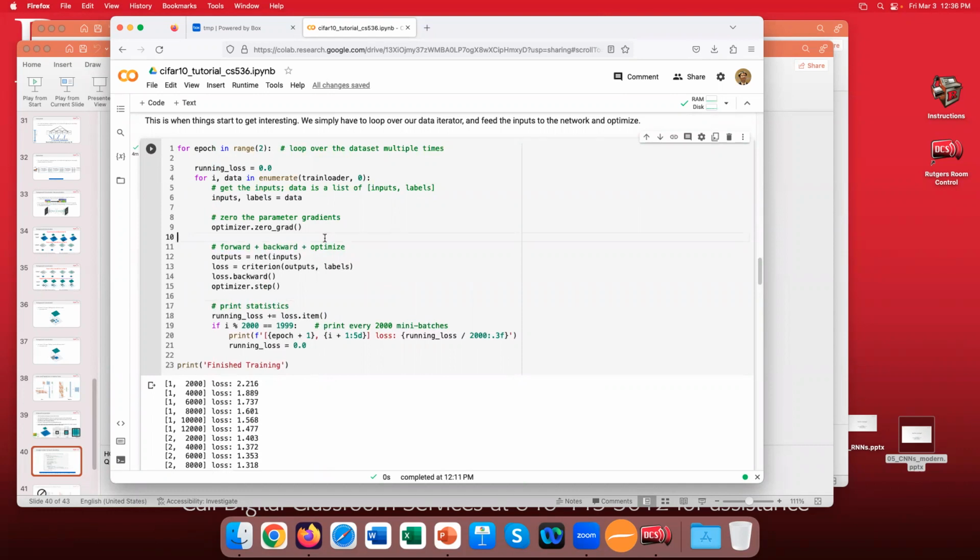Now let's talk about why you need to clear the gradient. This zero grad. Anyone know why you need to clear this gradient? Any thoughts?